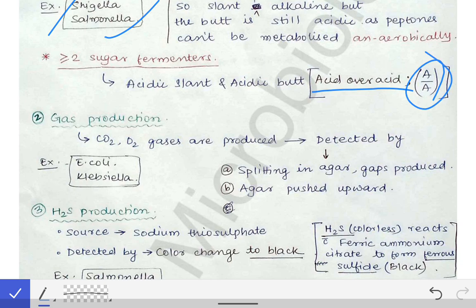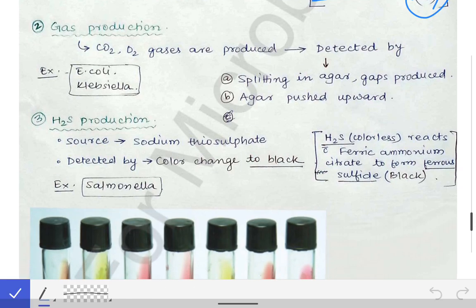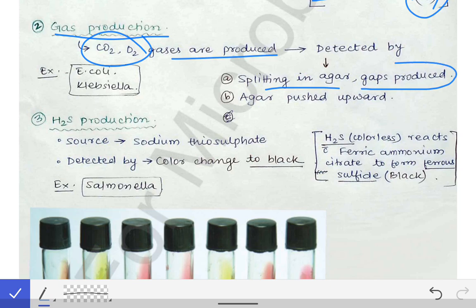The second change that we want to detect is the gas production, whether there is any gas production or not. If there is production of CO2 and other gases, how are we going to detect whether the gas has been produced or not? That is detected by the splitting in the agar. If we see that the agar has split, or the gas has been produced in that TSI agar, that means the gases are produced.